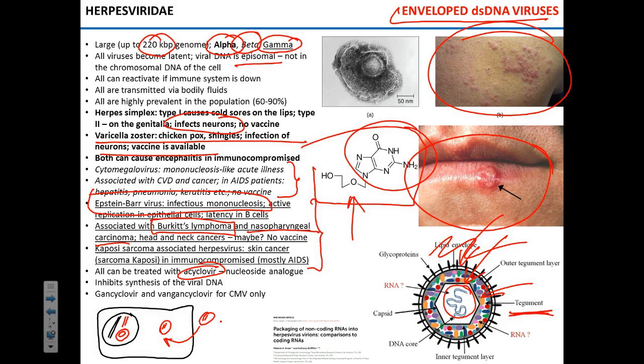And speaking of toxicity, why? Why do you think it's going to be toxic if it inhibits synthesis of the virus DNA? Yeah, absolutely. Think about this. You have double-stranded DNA of the herpes virus that ends up in the nucleus. Look at the bottom picture.